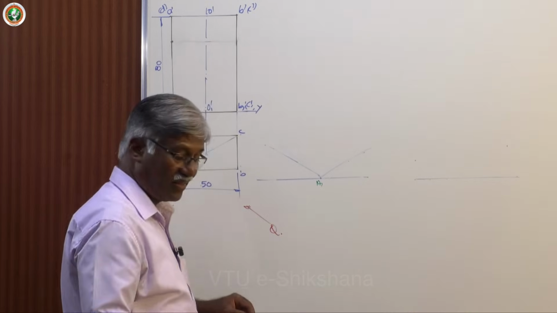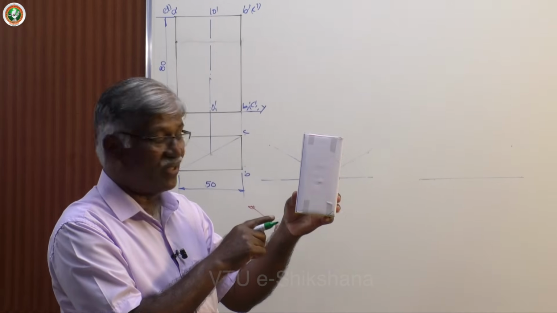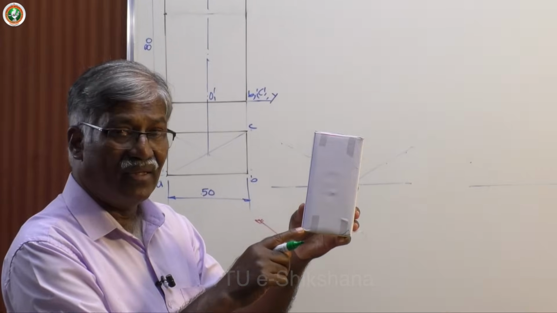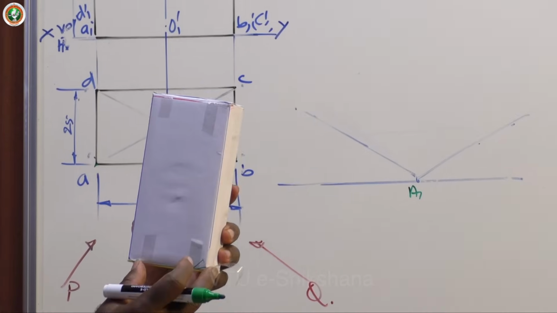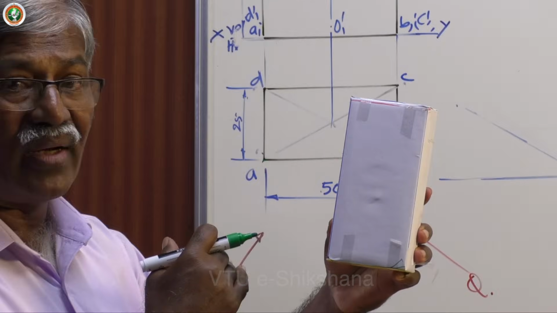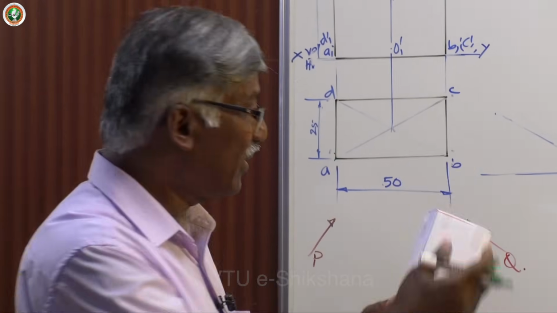Next, to the left of the observer from A1, how much is this? 25. And this is 50. To the left you mark 25, and to the right you mark 50, on the 30-degree line only.